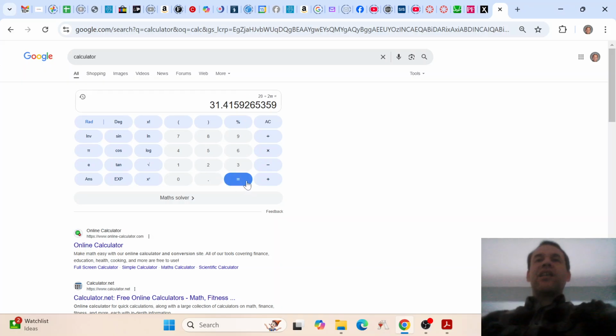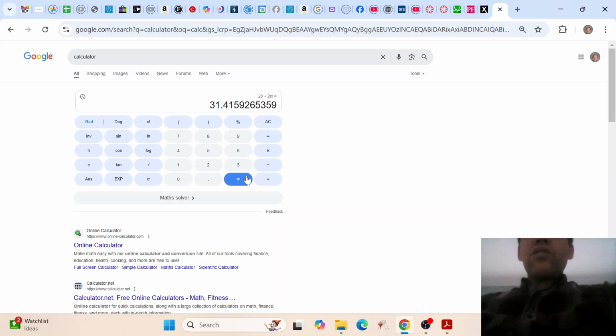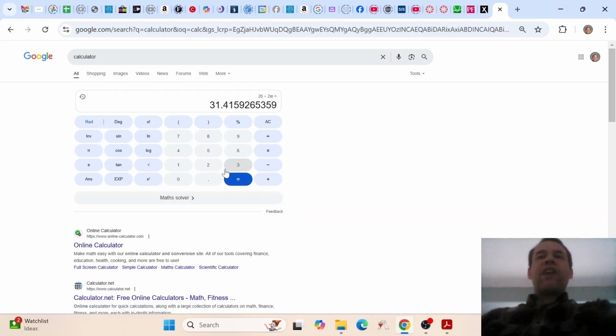And so that is 20 divided by, is that doing it right? I don't think that's doing it right. So let's do 2 pi first. So 2 pi is 6.2831. Now we'll do 20 divided by 6.2831, approximately.